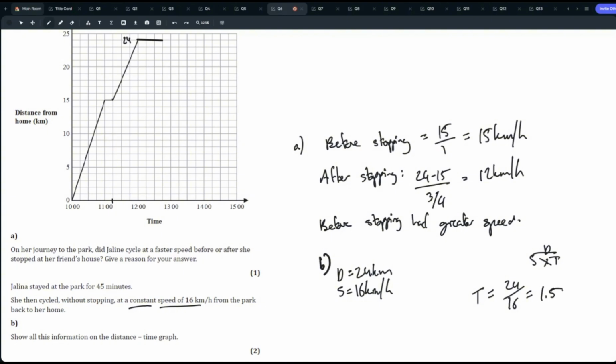So if we want to find where we need to finish on the timeline, remember at this point is 12:45. So 1 hour and a half. This will be 1 hour. So then a half will be 15, so this will be there. Okay, so now all I do is just connect the line.